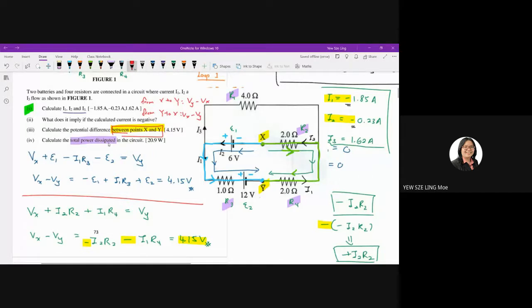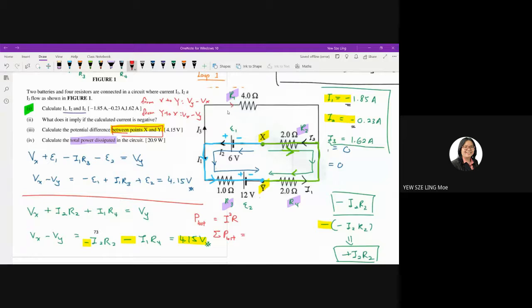So total power loss, total P loss, is equal to, well, to make it easy, I'm going to use I squared R. P loss equals I squared R. So total P loss is equal to, now let us start from R1.